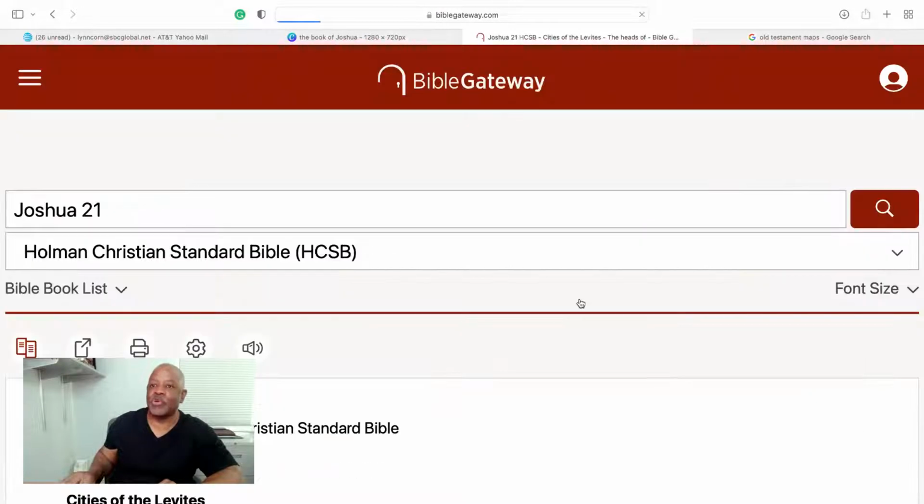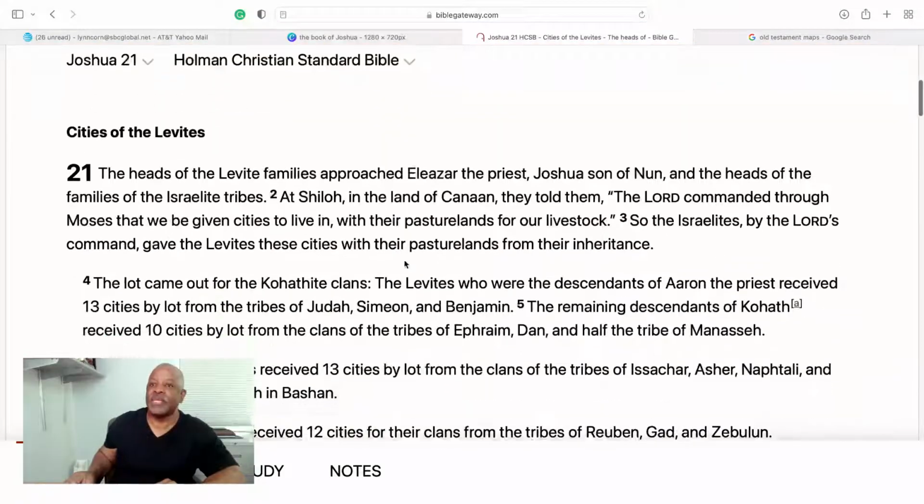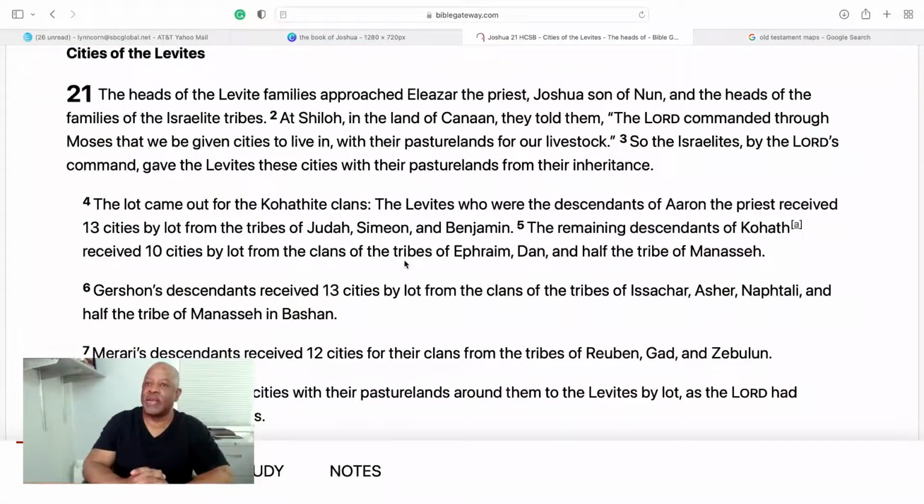All right, chapter 21, verse 1, the heads of the Levite families approached Eleazar the priest, Joshua the son of Nun, and the heads of the family of the Israelites at Shiloh in the land of Canaan. They told him, the Lord commanded through Moses that we were to be given cities to live in with their pastures for our flocks.